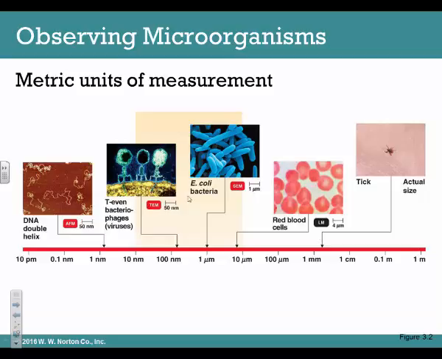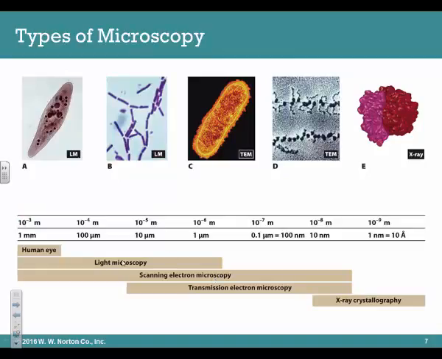So keep that in mind as the range, and just remember that eukaryotic microorganisms that are unicellular, such as yeast, fall somewhere in between the E. coli shown here and the red blood cells. So we can see some microbes, so actually microorganisms may not be the most accurate term, but these are very, very small organisms, most of which we need some sort of microscope in order to see.